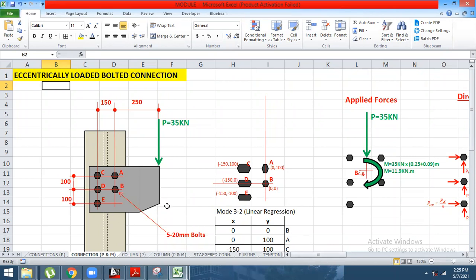So from the configuration of the bolt section, we have a bolt A, B, C, D, E, with a pitch of 150 and a gauge of 100.